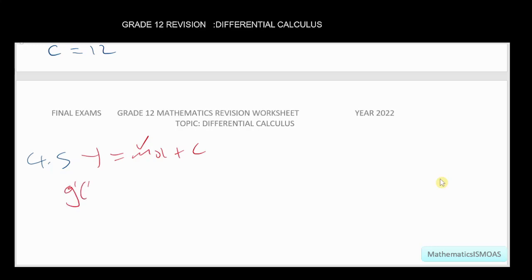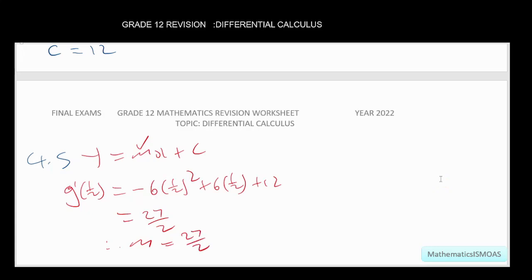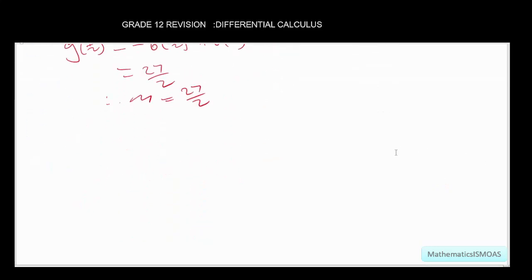Then we say g prime of 1 over 2 equals, then we substitute 1 over 2 into the equation of the gradient. So we say negative 6 into 1 over 2 squared plus 6 into 1 over 2 plus 12, which will give us 27 over 2. Therefore, m equals 27 over 2.